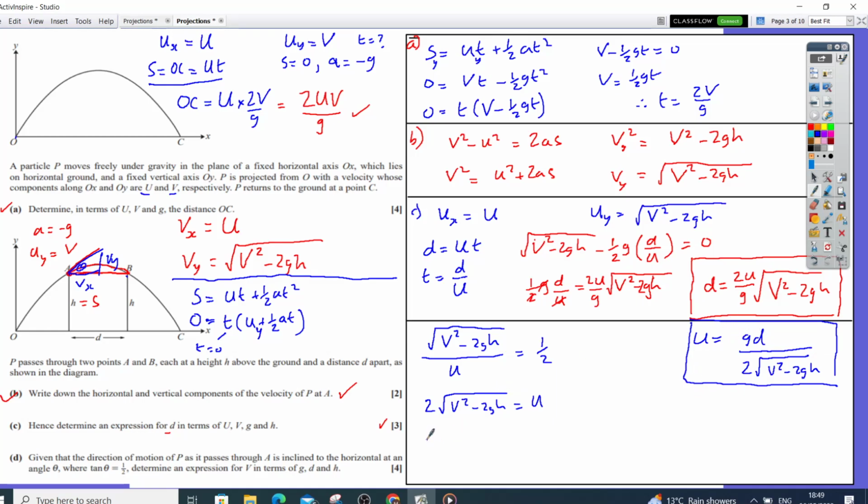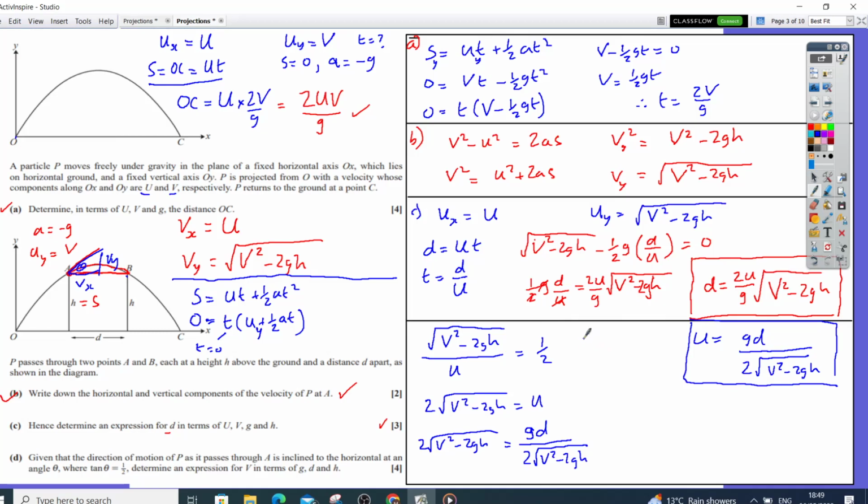So let's just rewrite this. So 2 times the square root of v squared minus 2gh is equal to g d over 2 times the square root of v squared minus 2gh. Now that looks okay, because when I times that up by that, that square root is going to disappear.